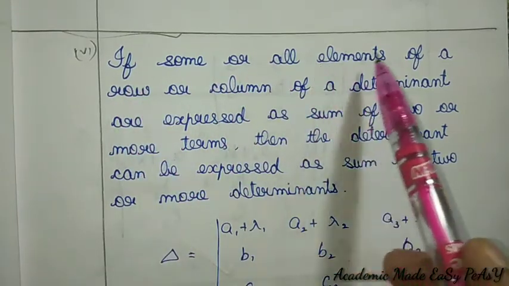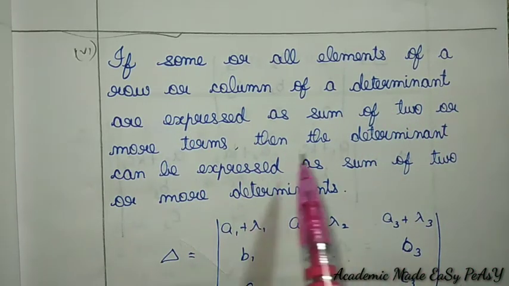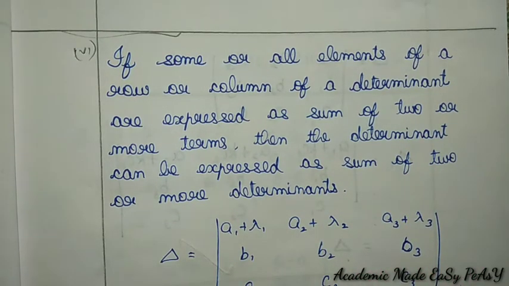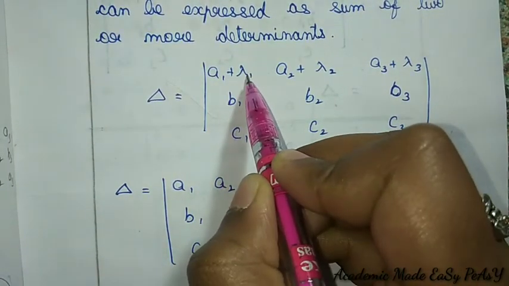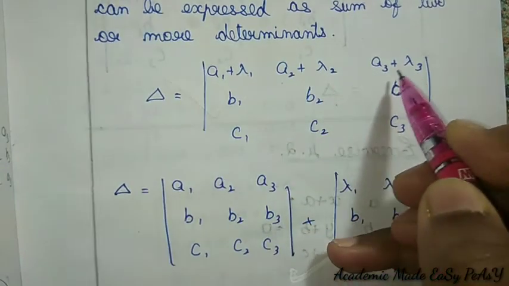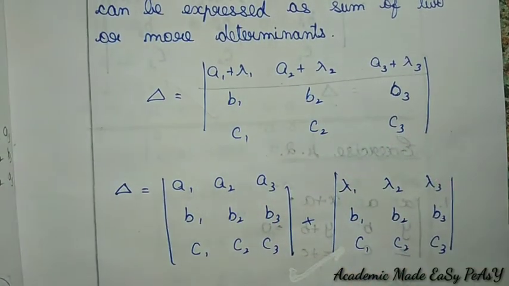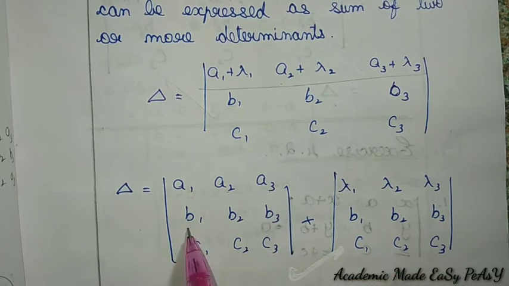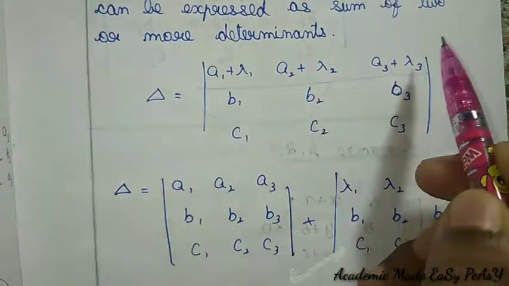Now let's see the sixth property. If some or all elements of a row or column of a determinant are expressed as the sum of two or more terms, then the determinant can be expressed as the sum of two or more determinants. It's very, very easy. See here, a1 plus some lambda, that is some constant, a2 plus some constant, and a3 plus some constant. If the entire row or column has some constant added, then we can split it into two determinants. See, a1, a2, a3, b1, b2, b3, c1, c2, c3. Leaving out these constants, I'm writing.